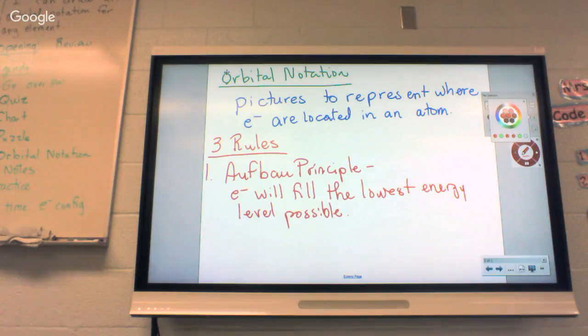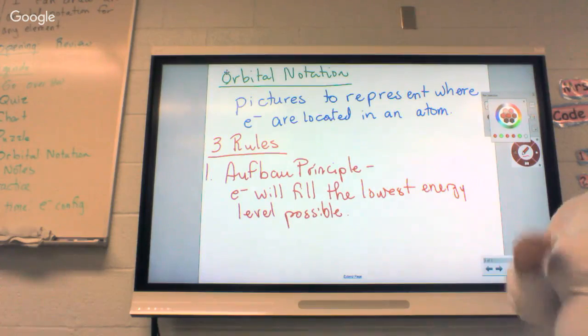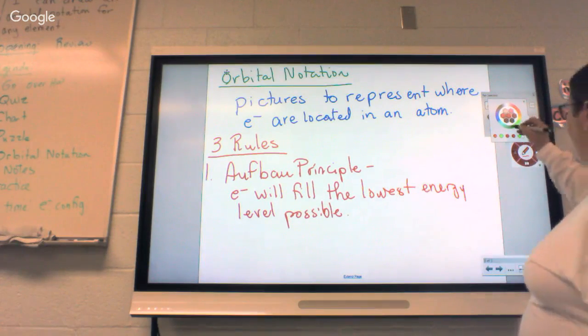In order to get a room in the three-story motel, we must fill the what first? The lowest floor. So the first floor must be full before we can get a room on the second floor. Once the second floor is full, we can get a room on the third floor.